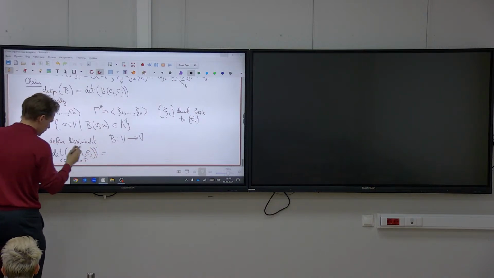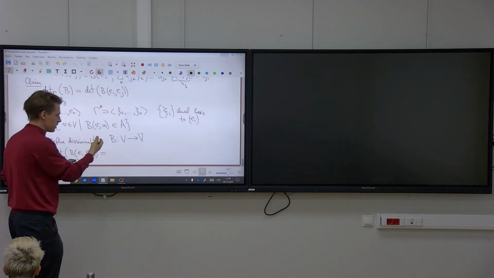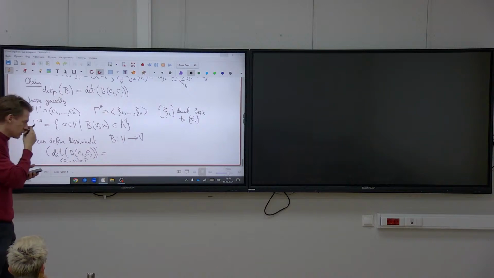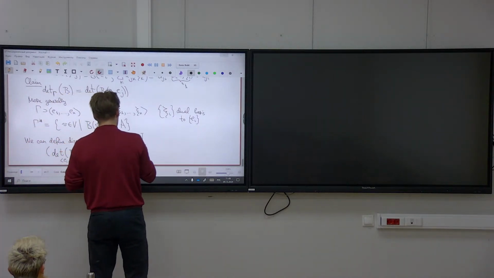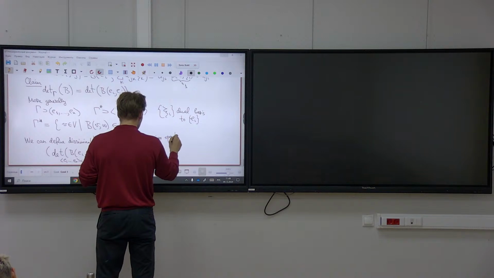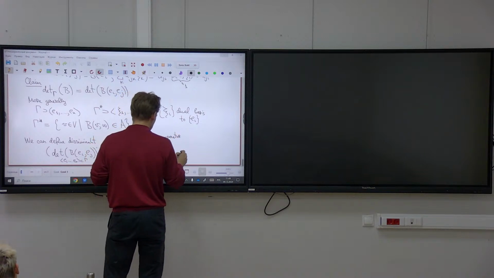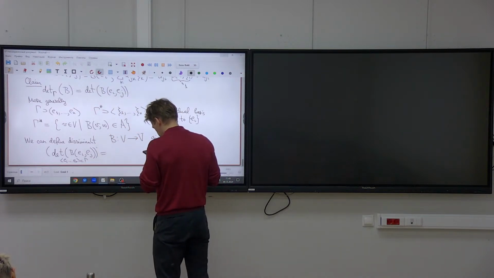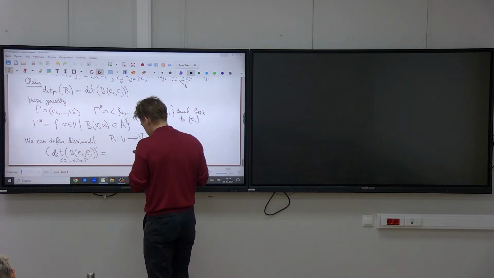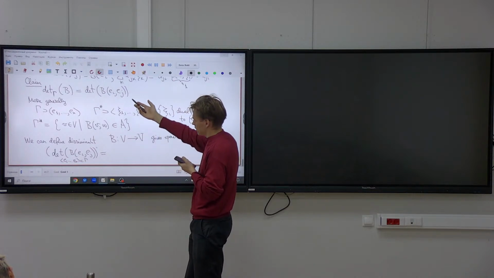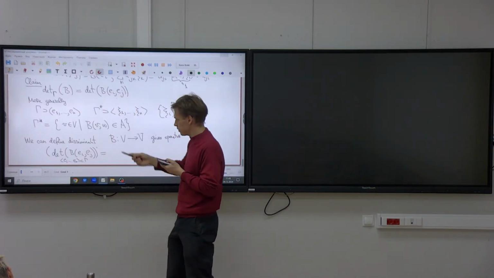Yeah, so you can write down B as an operator between V and V dual. So B gives an operator, and this allows us to identify the operator precisely with the matrix given by the Gram matrix.